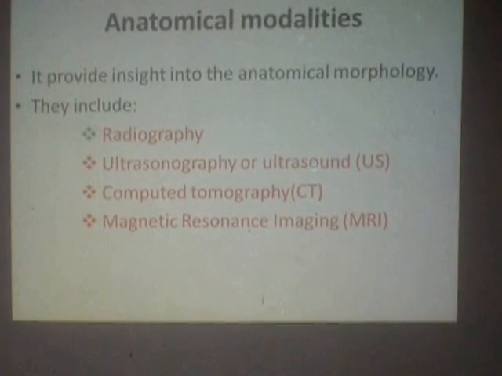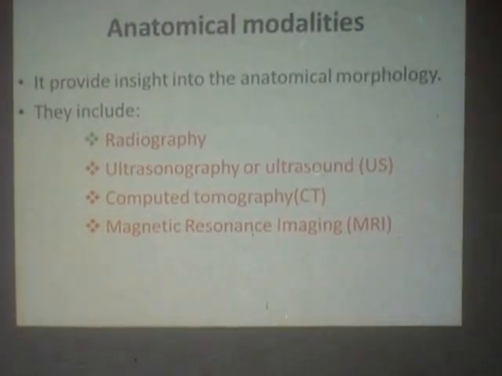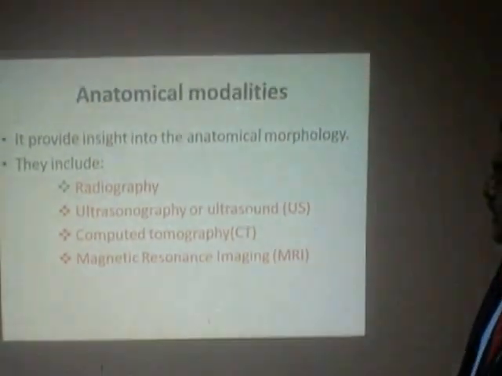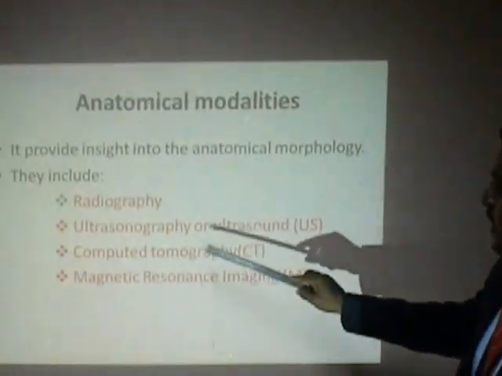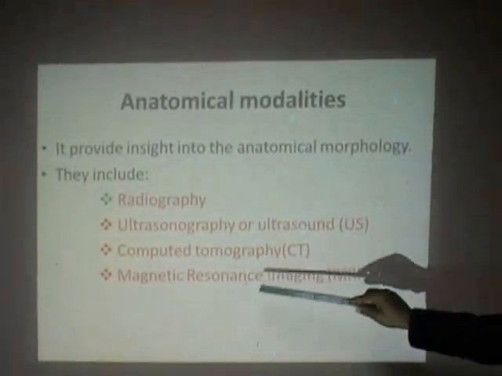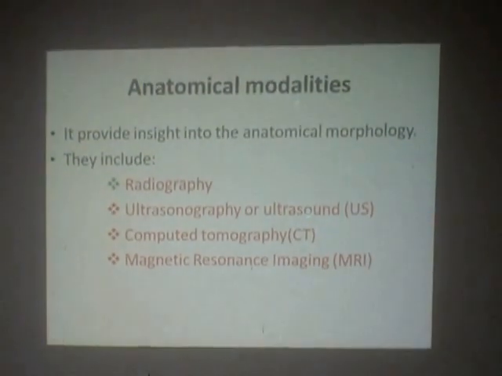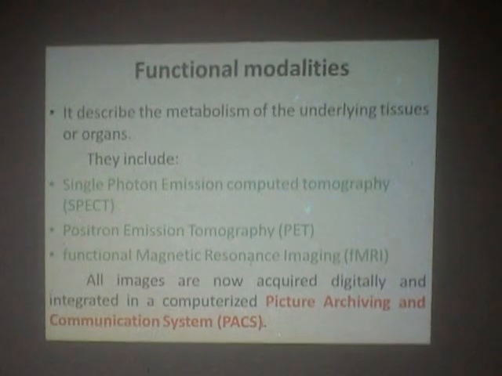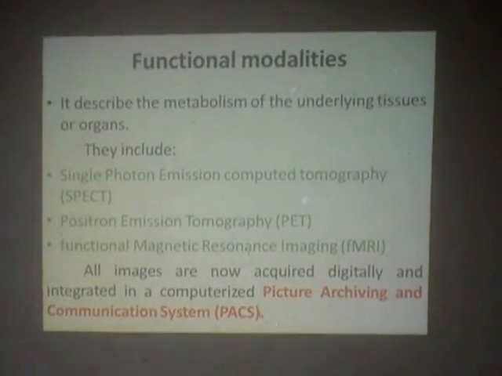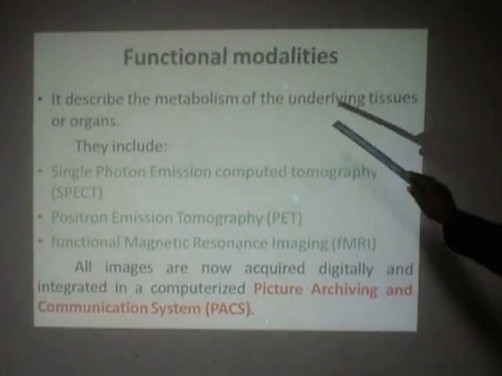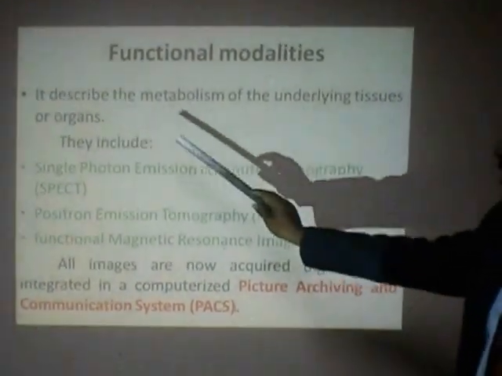First, we look into the anatomical modalities. They provide insight into the anatomical morphology. They include radiography, ultrasonography or ultrasound, computed tomography, and magnetic resonance imaging, called MRI. The next one is functional modalities. They describe the metabolism activity underlying tissues or organs.